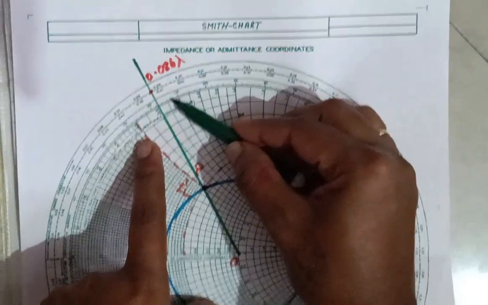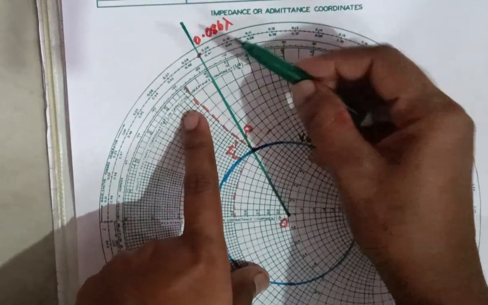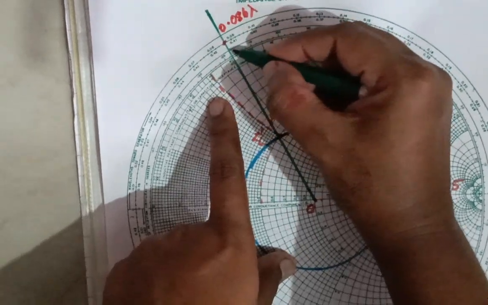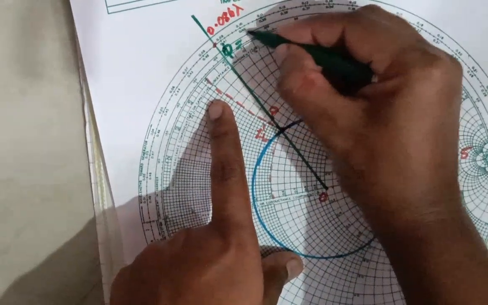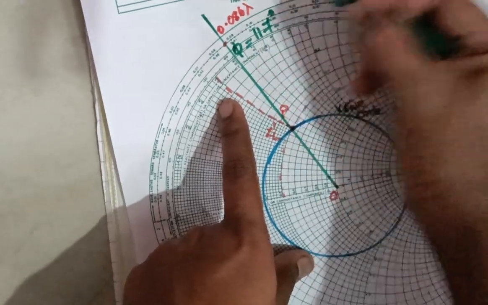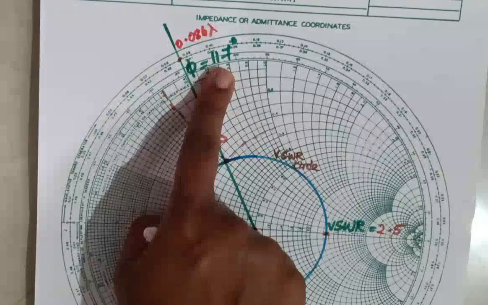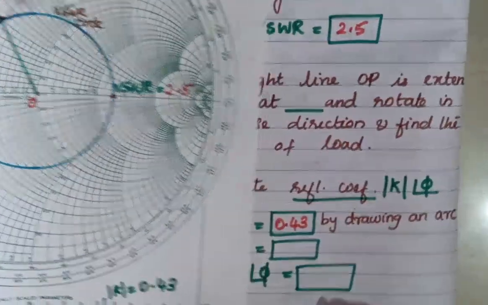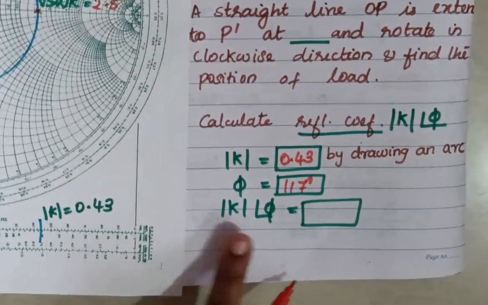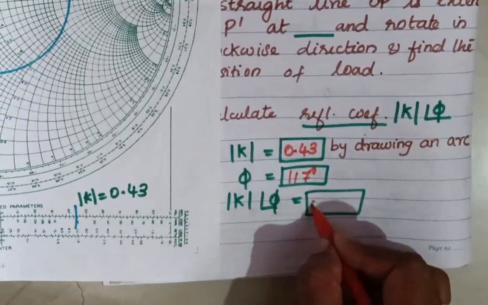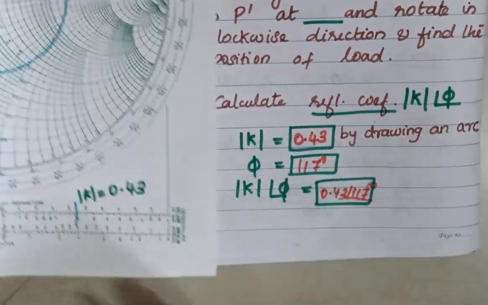Next, 112, 114, 116, 118, nearly 117 degree. So I have got this angle phi equal to 117 degree. So the reflection coefficient is 0.43 at an angle of 117 degree.